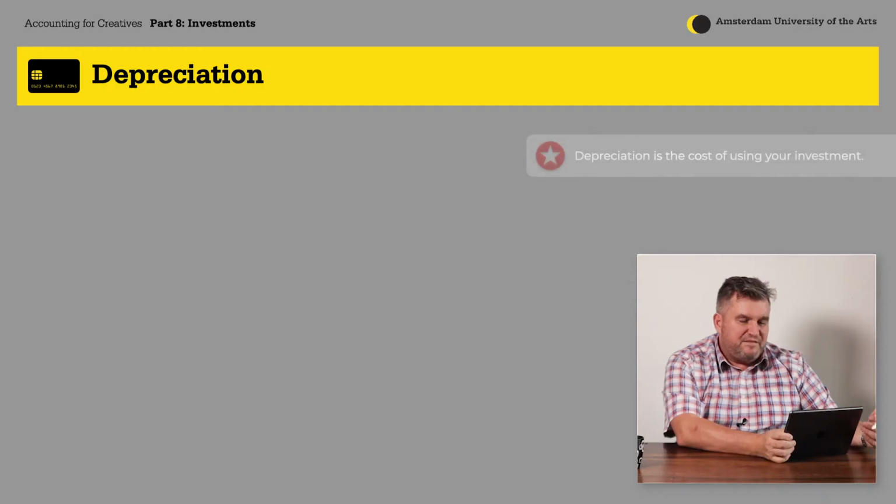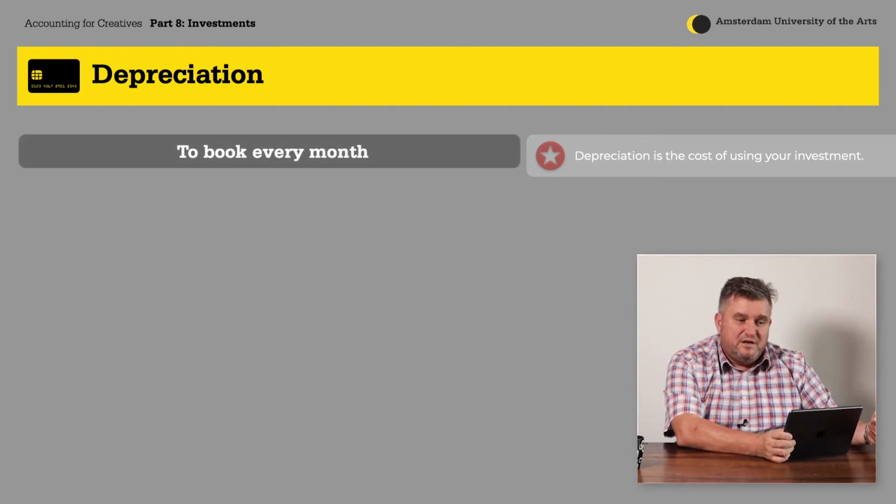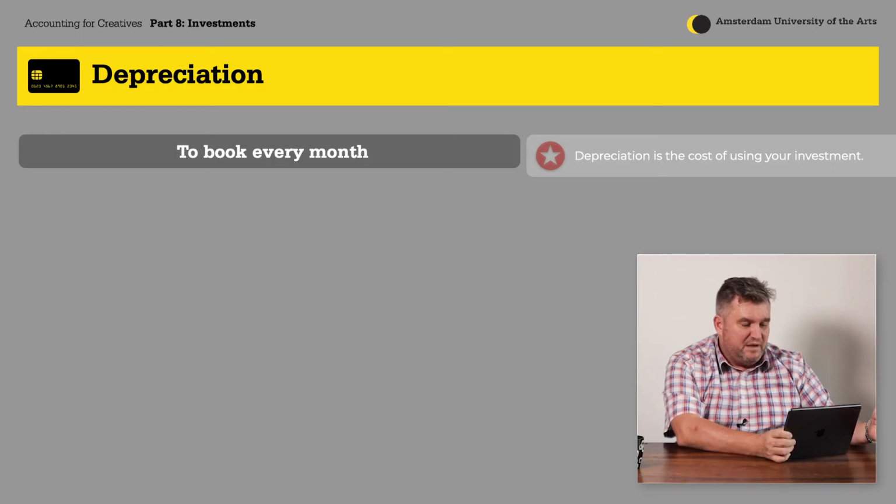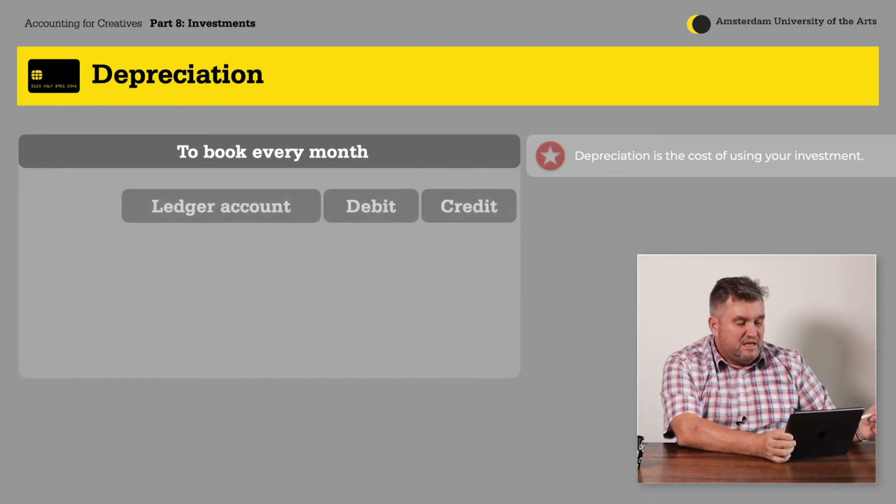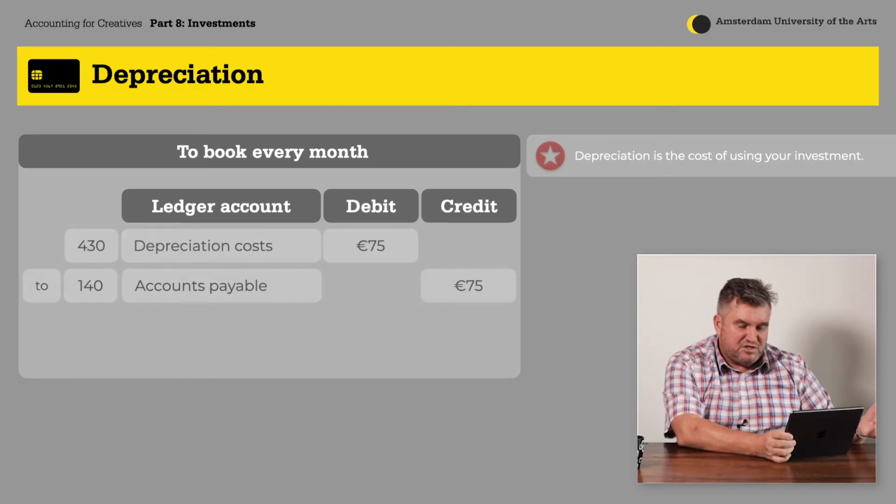Okay, so depreciation will be the cost of the investments we made before. Every month we'll have to tell our bookkeeping that this investment has lost a little bit of its value. And we do this by booking this depreciation cost into our bookkeeping, in our journal entries. So we have this cost-related ledger account called depreciation costs.